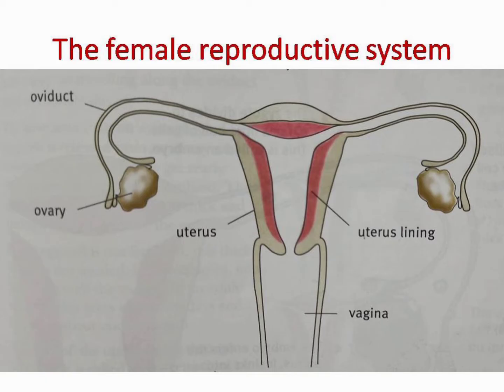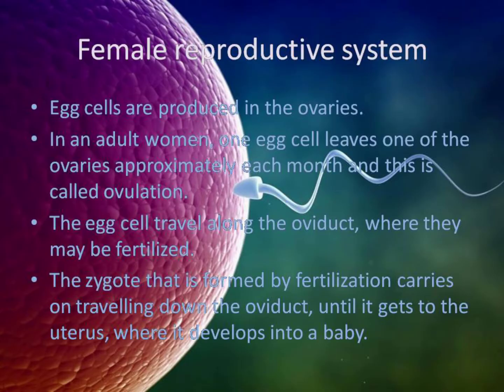The female reproductive system. It is made up of the internal and external sex organs that function in reproduction of new offspring. Egg cells are produced in the ovaries. In an adult woman, one egg cell leaves one of the ovaries approximately each month, and this is called ovulation.